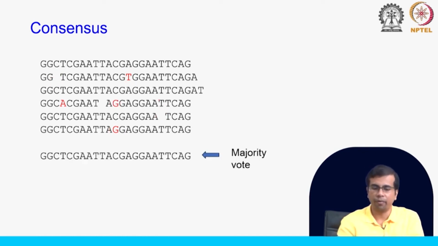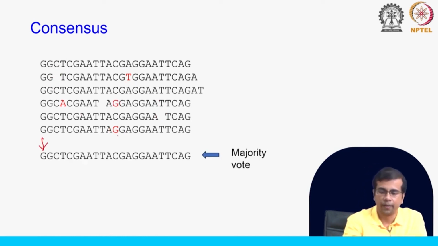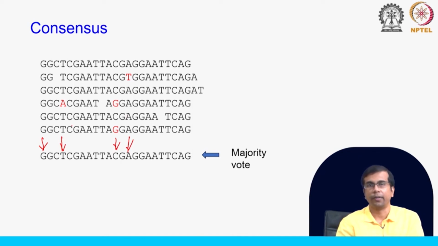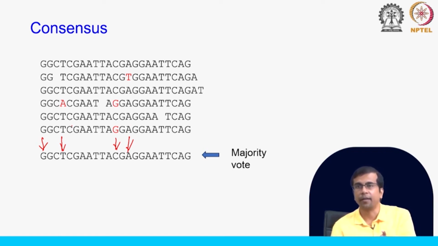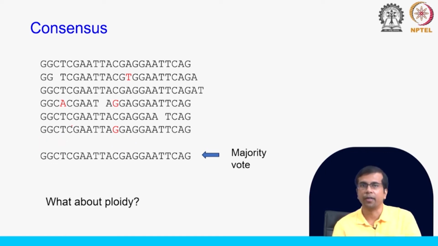So for each position we do the majority vote, and for these positions where you have variants, we take the majority vote and say the majority determines the reference genome sequence. So this is how we can get the reference genome sequence from the data.